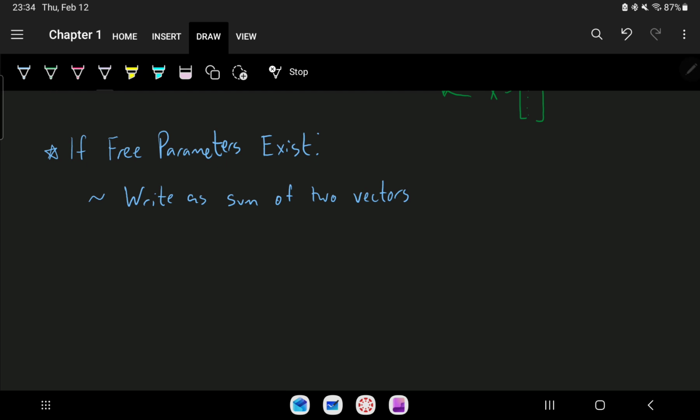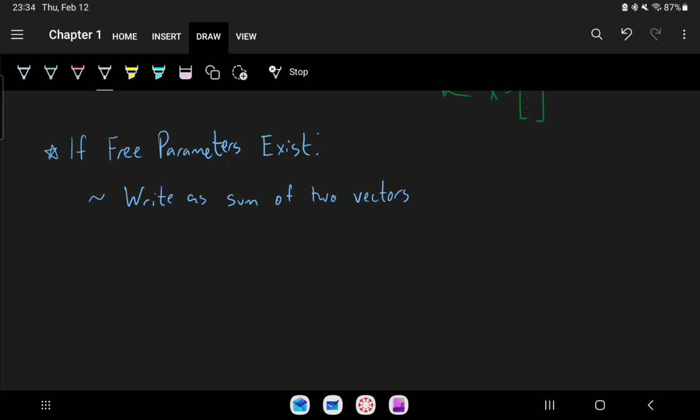You'll remember in past videos when we talked about free parameters and infinite solutions, there are times that there could be more than one free parameter. Like if there's two columns without a pivot, for example, that means that there are going to be two variables that do not depend on anything else.